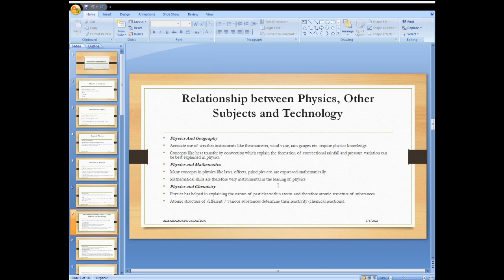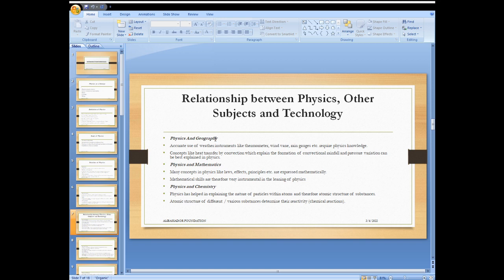Now, physics is not a lone subject. It is a subject that can relate to other subjects. For example, we can see how it relates with geography, mathematics, chemistry, biology, home science, and many others. Now, how does physics relate to geography?